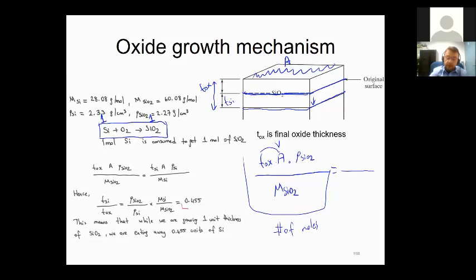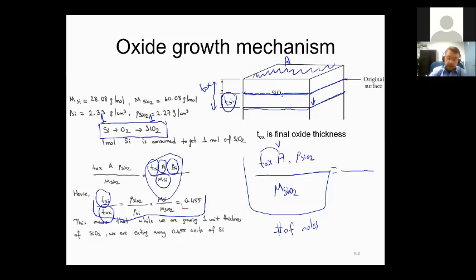I just need to equate that, like you can see here, I won't write it again, to the consumed silicon. Right now, the volume will be T silicon times A times the density will give you the weight of the silicon that's been consumed, divided by the atomic weight of the silicon, and then you end up with the ratio here, the T silicon over T oxide, right?